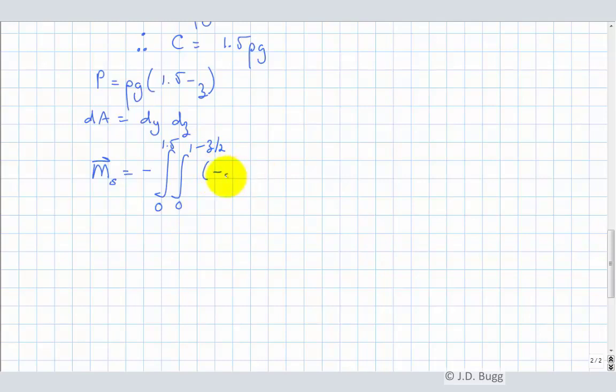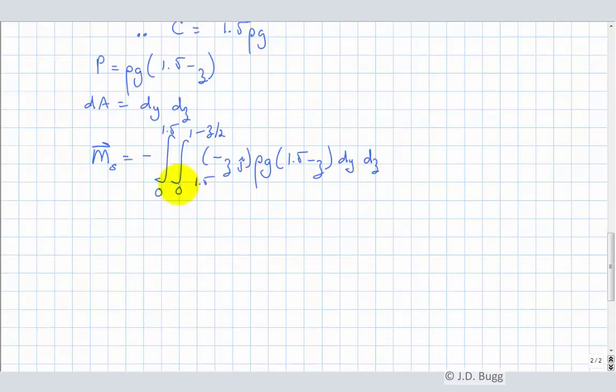R cross n is minus zj. The pressure expression is rho g times (1.5 minus z). And our element of area, dy dz. So that's everything that we've talked about here pulled back into our moment. So this first integral from 0 to 1 minus z over 2 of dy, notice nothing inside of here depends on y.